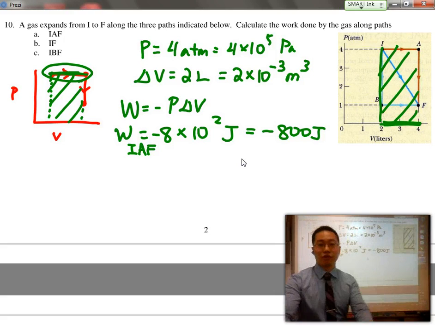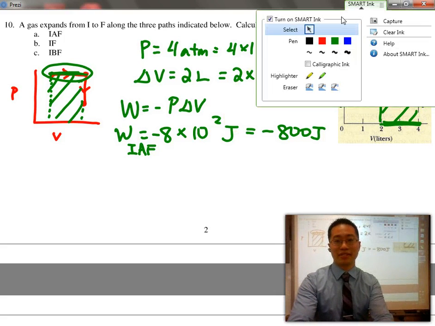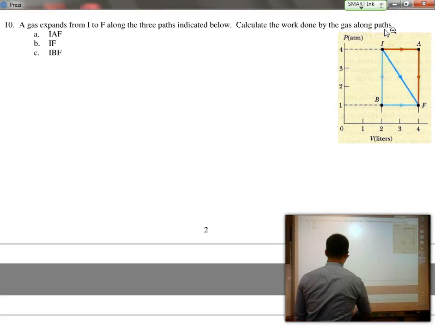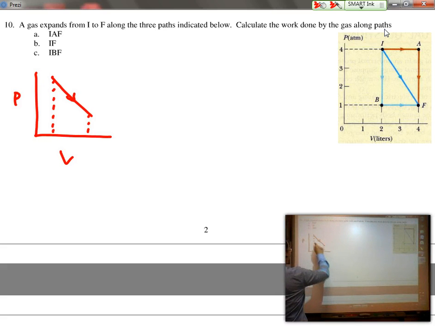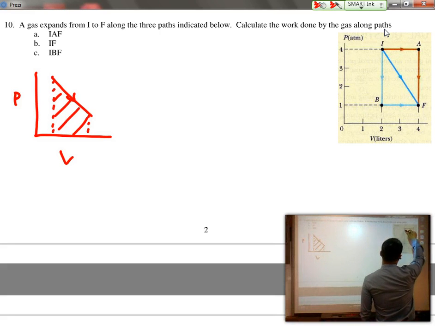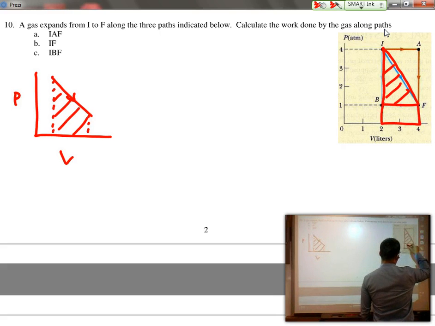If I want to solve for the work for IF instead, well, now I'm looking at a line that looks more like this. So I want to solve for the area underneath that line, so that would end up equaling a triangle. So I have the triangle over here, plus the rectangle underneath.